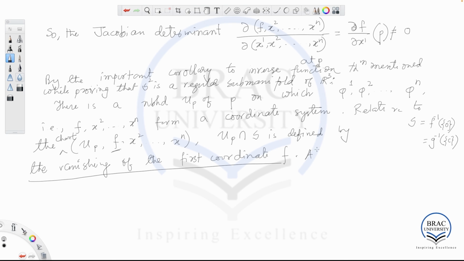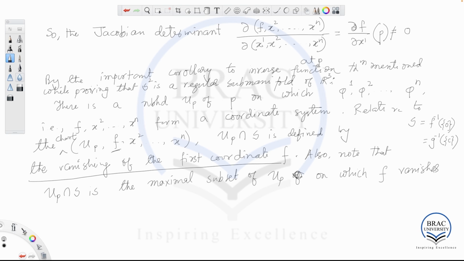Also, note that U sub P intersected with S is the maximal subset of U sub P on which F vanishes.